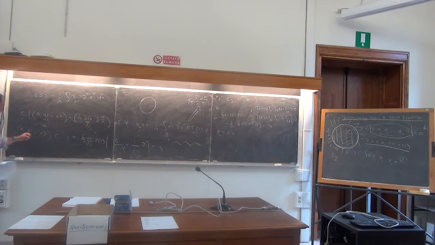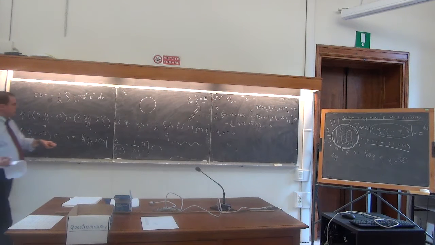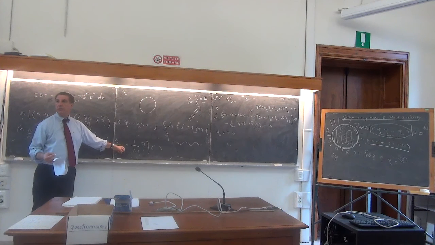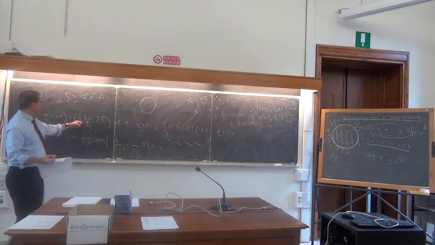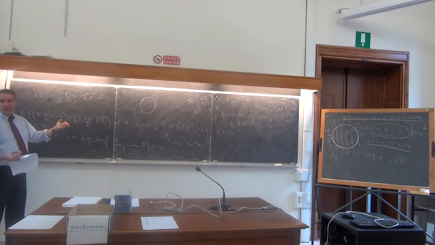On the other hand, if I want to get the derivative of epsilon, I just have to integrate the second order pole. Okay? Now, you can do the same here with the corresponding minus sign.